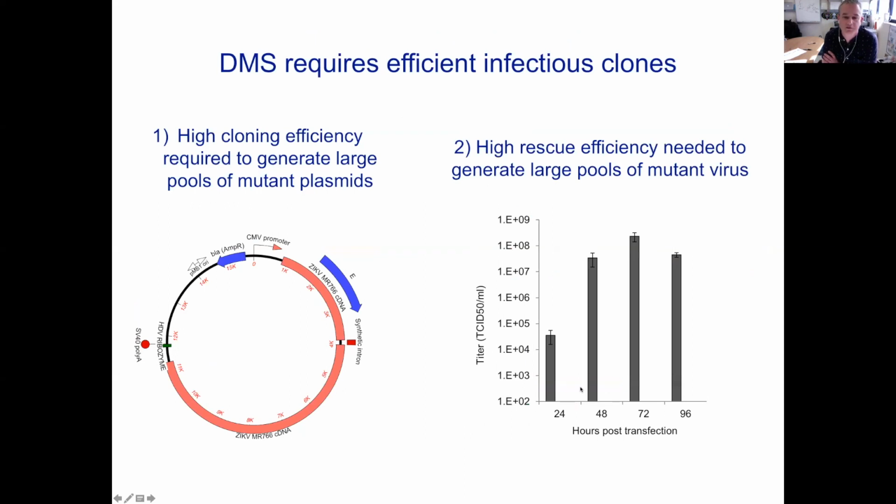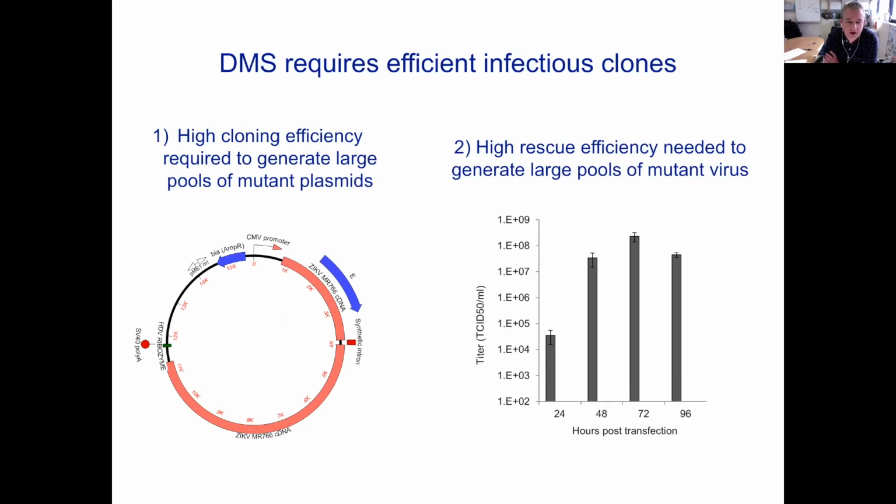So a few things are really required for DMS to work in a virus setting. One is a highly efficient rescue system. You need a plasmid that encodes a cDNA of a virus of interest that is very easy to clone in bacteria, because you need to make large pools of mutants in plasmids. And so early on in the Zika virus outbreaks in 2016, we developed our own infectious clone of the Zika virus MR766 strain.